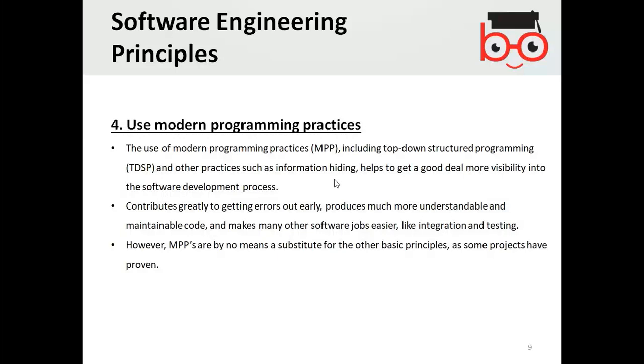The more you use modern programming languages, the more you get a good deal more visibility into the software development process, which contributes greatly to getting errors out early, produces much more understandable and maintainable code, and makes many other software jobs easier, like integration and testing. However, MPP, modern programming practices, are by no means a substitute for the other basic principles, and some projects have proven that.